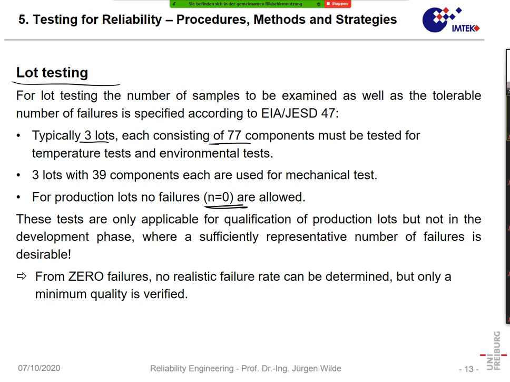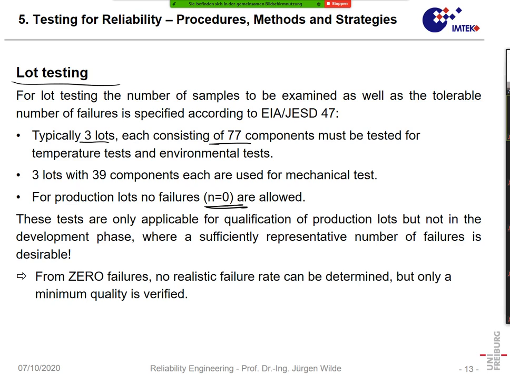When we are in the technology qualification, we want to know what is the failure rate. So we need failures, and we have to test sufficiently long in order to know we have at least a few failures. When we do lot testing, that is a lot which is from a production which is directly sold to some customer.